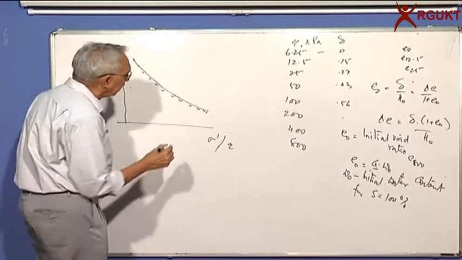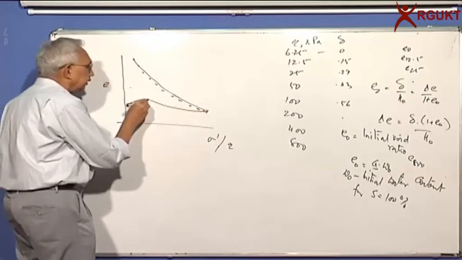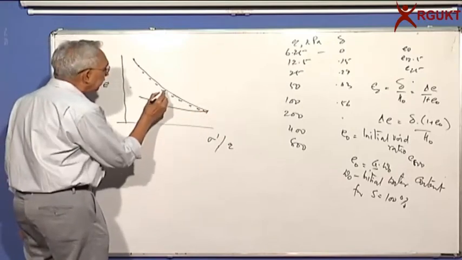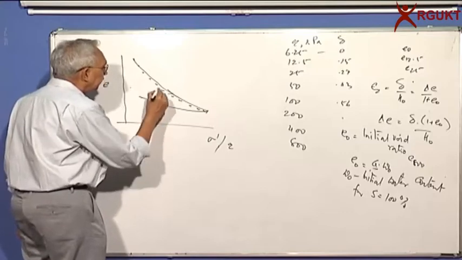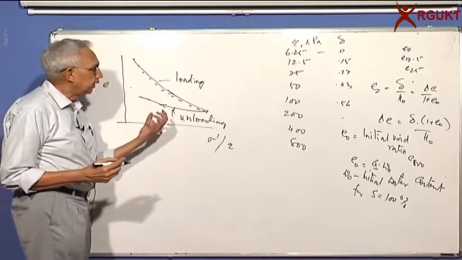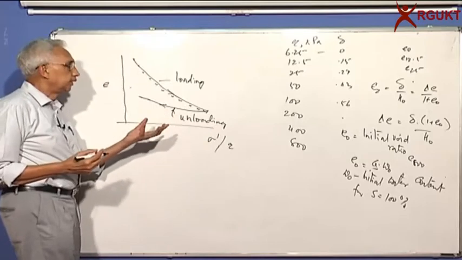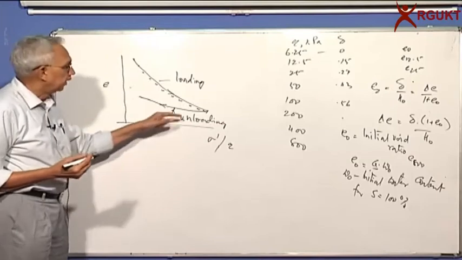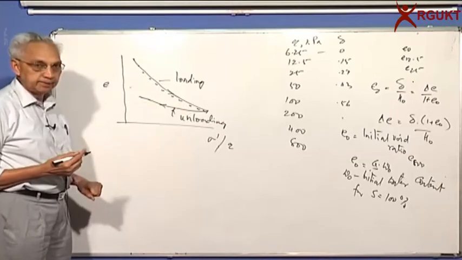If I unload now, I find that the curve bounces back here. So this is the loading curve, this is the unloading curve. When you remove the load, the soil bounces back. Soil is not elastic, so you will not get full recovery, but only partial recovery.